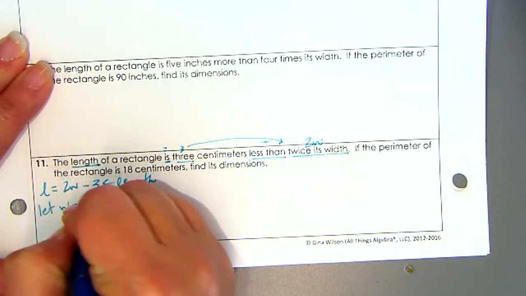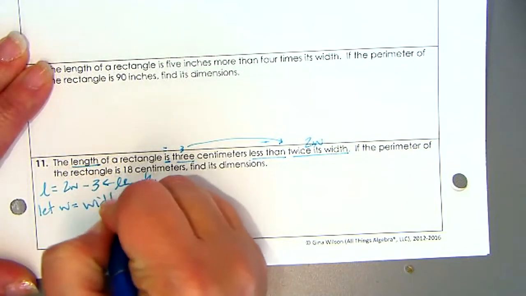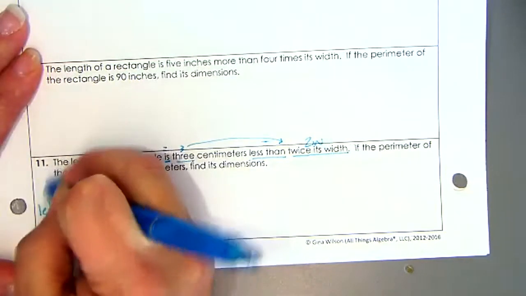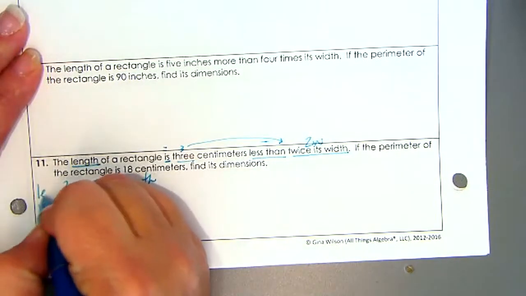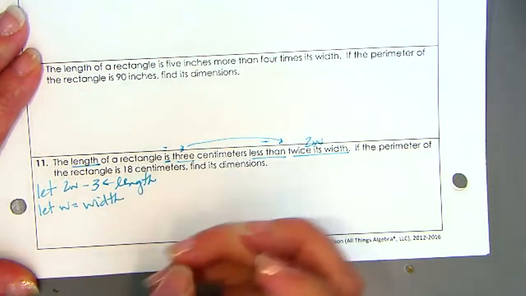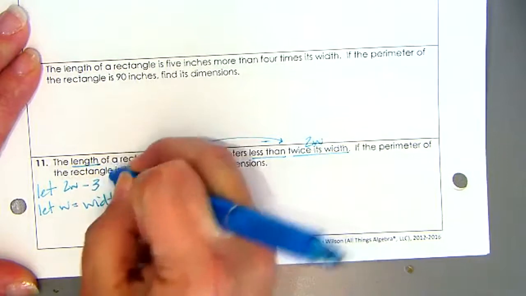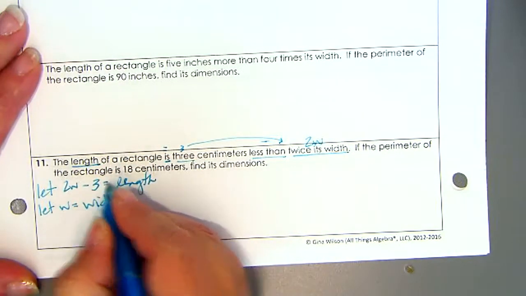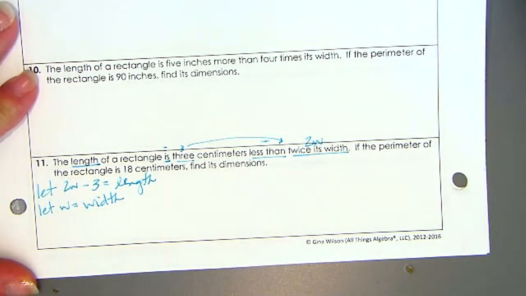Let W equal width. And then we'll say let 2W minus 3 equal the length. Sometimes it's kind of easier to work like this.